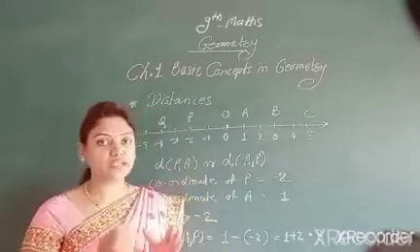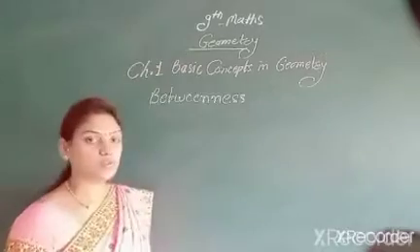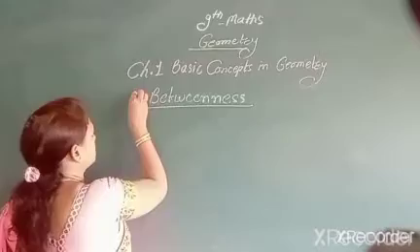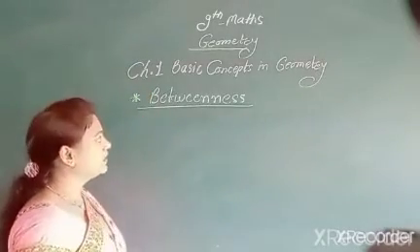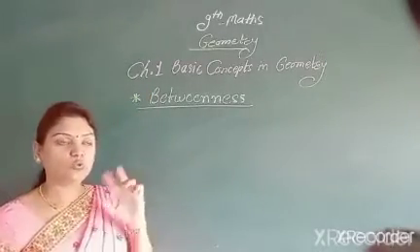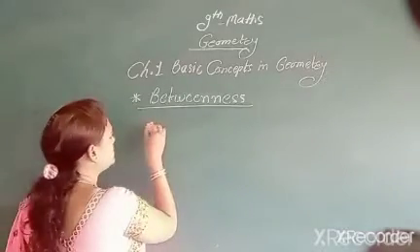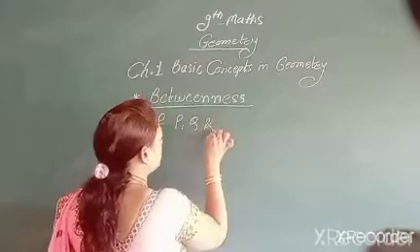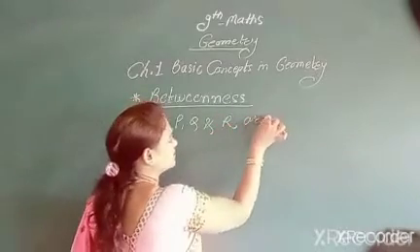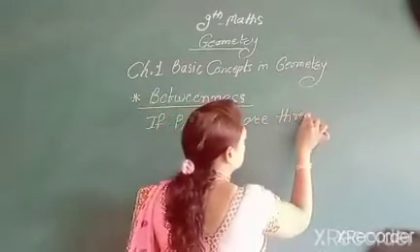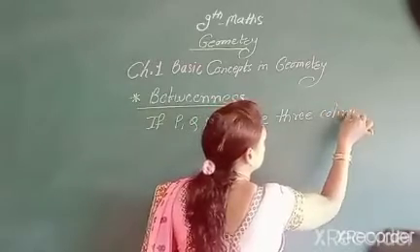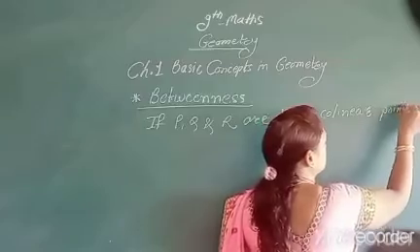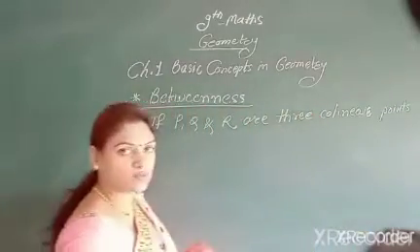Now the next point is betweenness. If P, Q and R are 3 collinear points, then there are 3 possibilities.